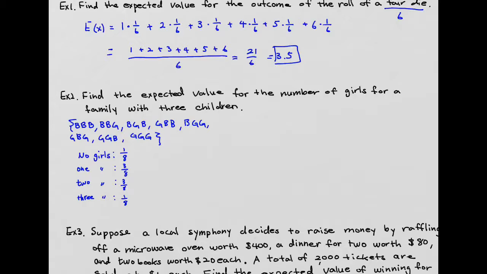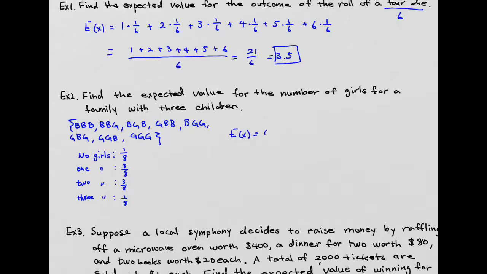So now this is what we understand about what's going to happen when a family has 3 children, right? And they want you to find the expected value for the number of girls for a family with 3 children. So how many girls can you have?